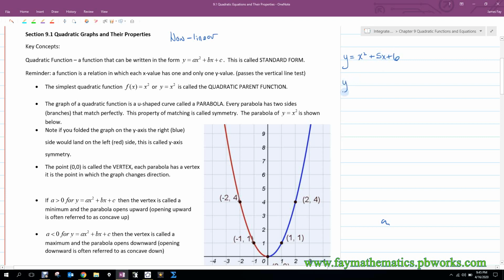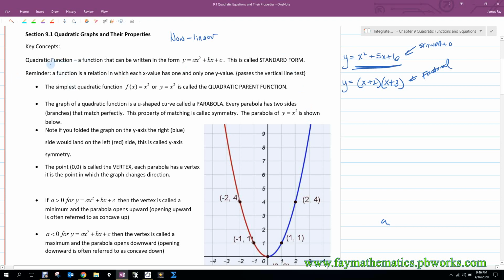We learned last chapter that we could rewrite that as x plus 2 times x plus 3. This is standard form, and this is factored form. There's actually another version that you'll learn about down the road a little bit, called vertex form. But this is the format that we're going to start with in this section.